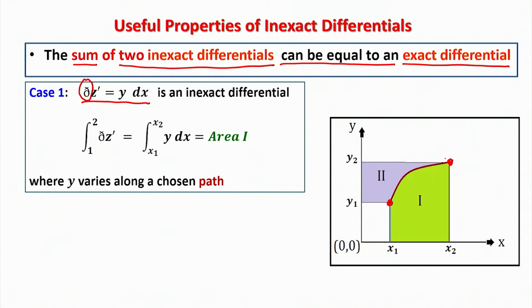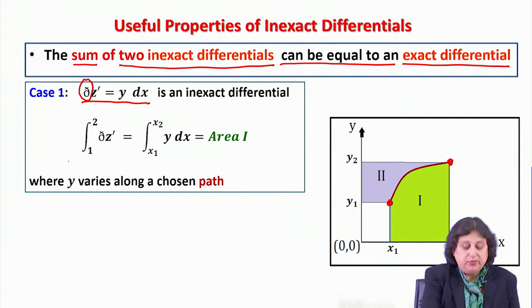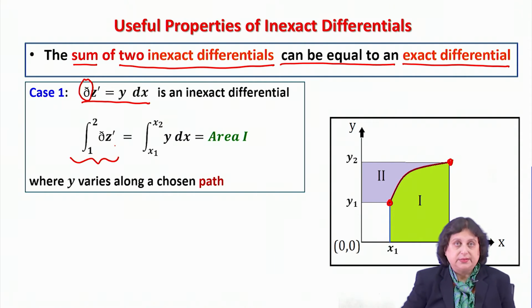But initially, we started by saying that x and y are independent of each other. Therefore, if z' is a function of x and y, and dz' is an inexact differential, in that case, I have to define y as a function of x to find out the value of this integral here.